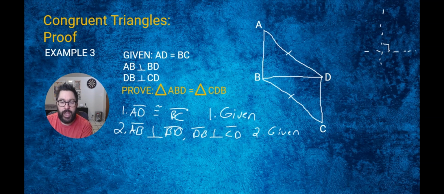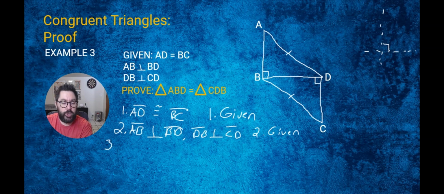So segment AB, this one here, is perpendicular to segment BD. So that means they intersect at a right angle. So we're going to put this little symbol here for that. And then we have a similar thing going on with our other given. Segment DB is perpendicular to segment CD. So again, this intersection here forms that right angle.